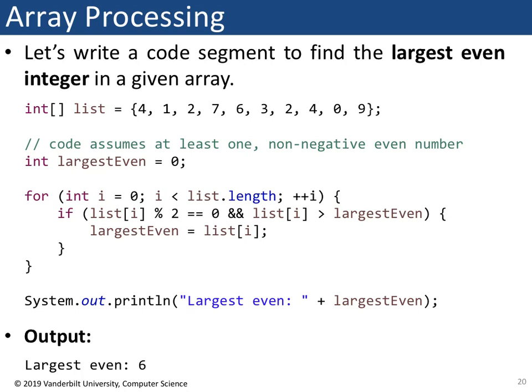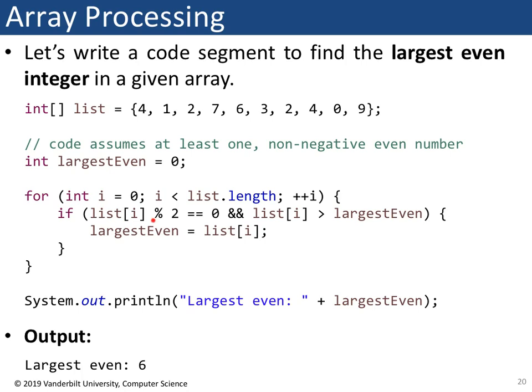So inside this loop, all we're going to do is test to see if the current element of the array, when modded by 2, is equal to 0. So this is a test to see if element I in the list array is even.